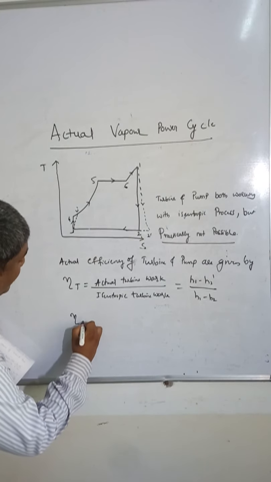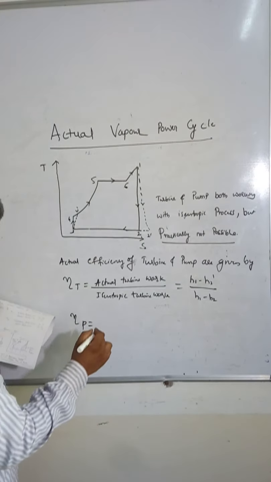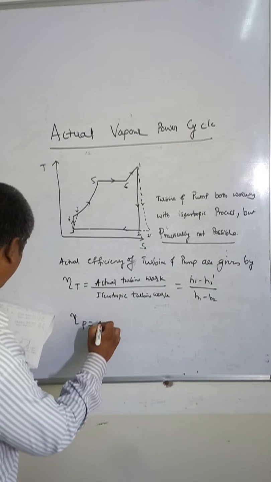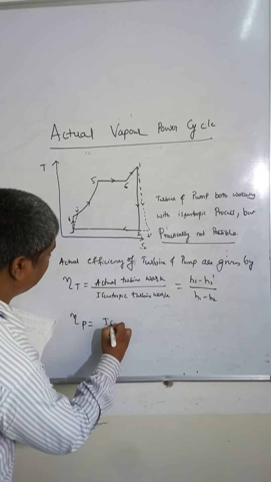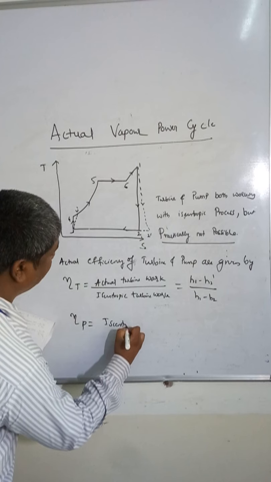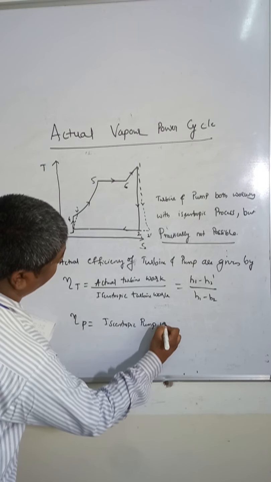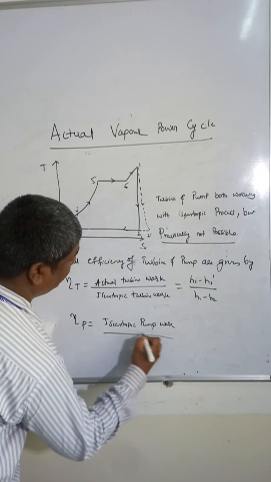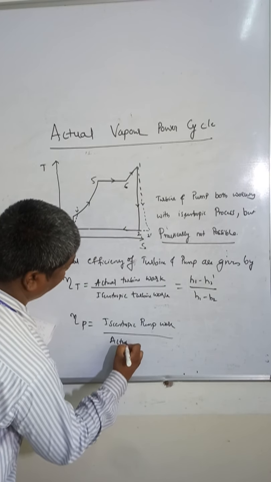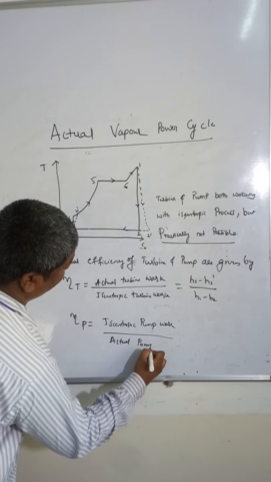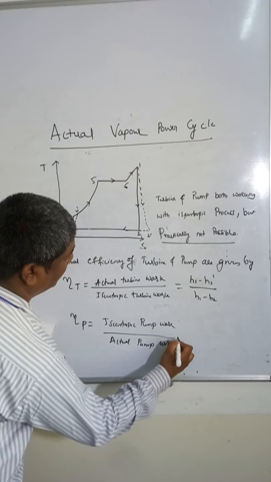Similarly, for the pump, efficiency is isentropic pump work divided by actual pump work, because that is less.